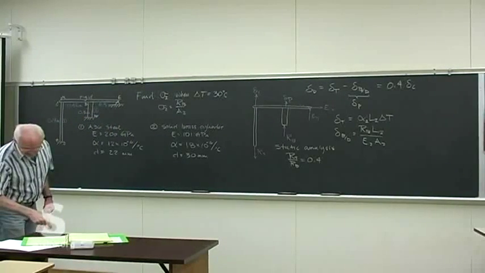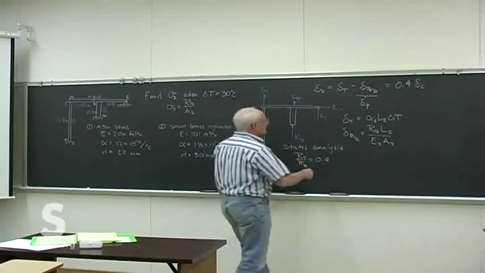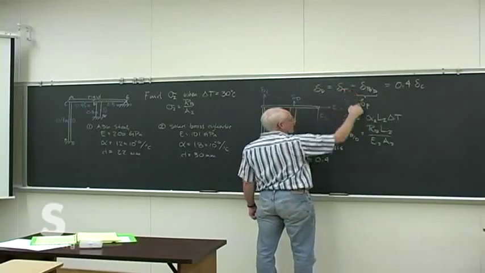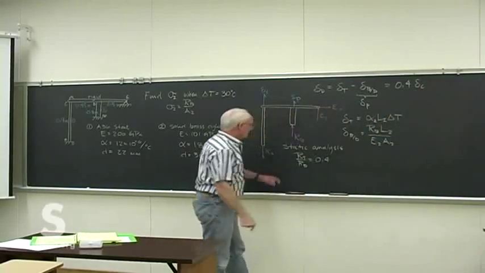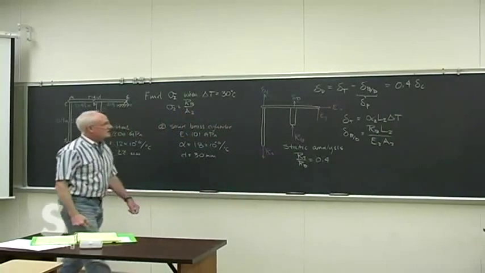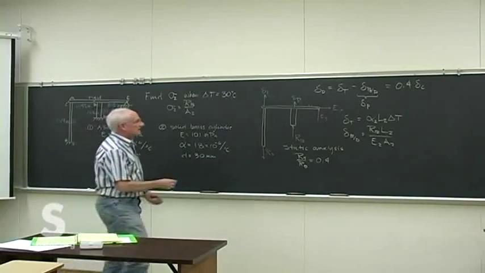So that should be all the pieces we need. We can then find RB from this. These two go in here. RB will be an unknown. Del C is an unknown. But we know then the ratio of the two. And so we can put together all the last little pieces we need.